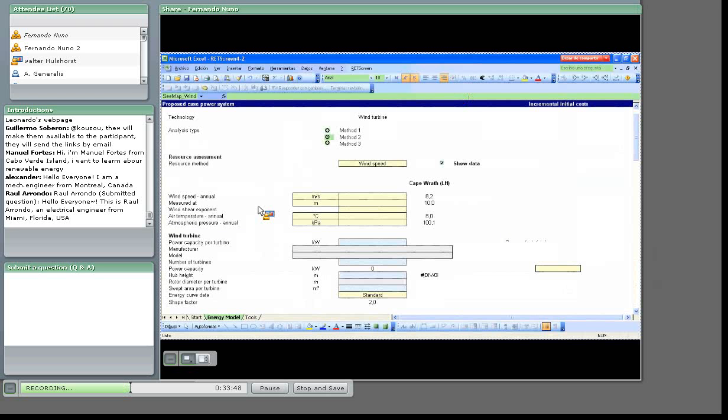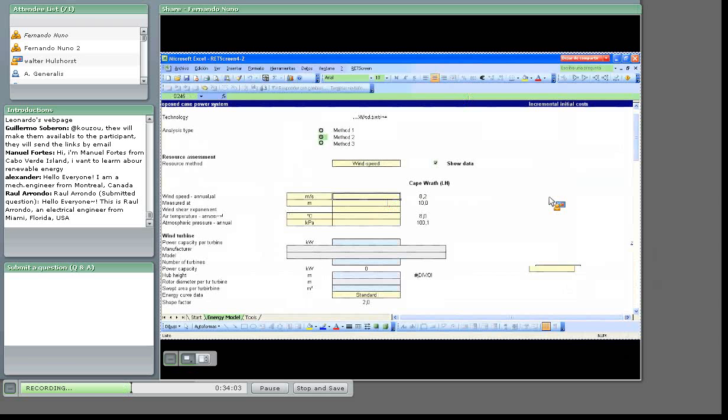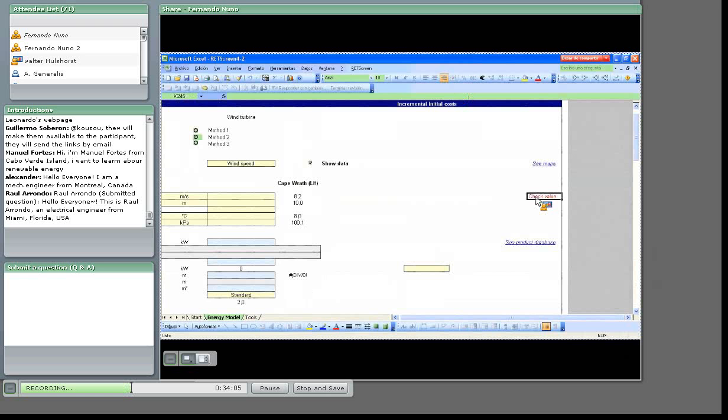Then the next step is wind speed, the annual value. So we have this average for this location we have previously chosen. We have this average wind speed on an annual basis. So you can type it manually. Otherwise you have also the possibility to check the values.